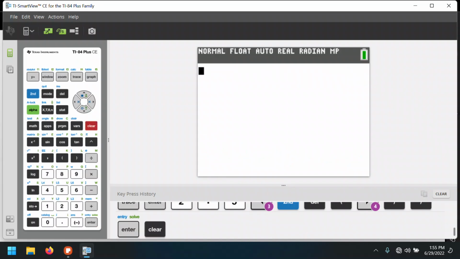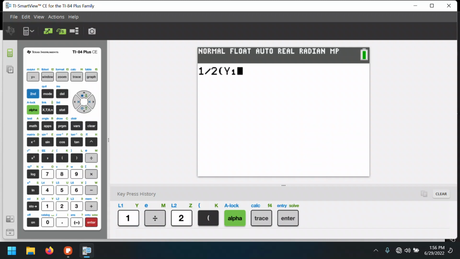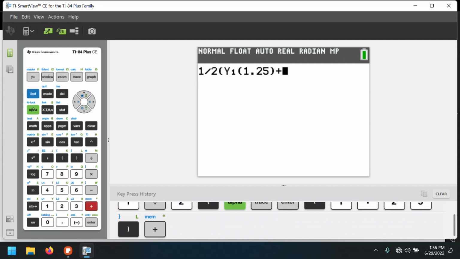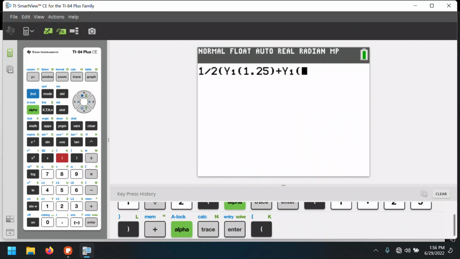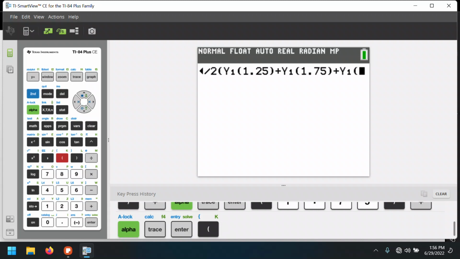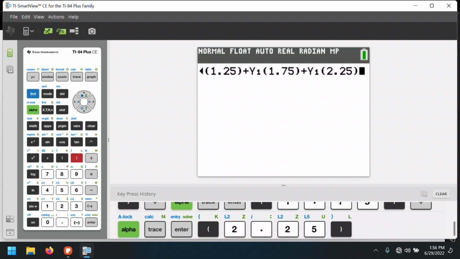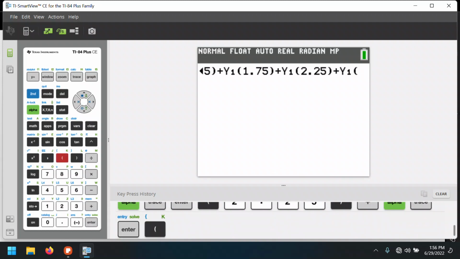Okay, so let me clear everything. So I'm going to do 1 over 2 and open parentheses for the whole expression, and alpha trace, enter, because that's our Y1, evaluated at 1.25, plus alpha trace, enter, 1.75, and plus alpha trace, enter, open parentheses, the next value is 2.25, close parentheses, plus alpha trace, enter, open parentheses, and 2.75.